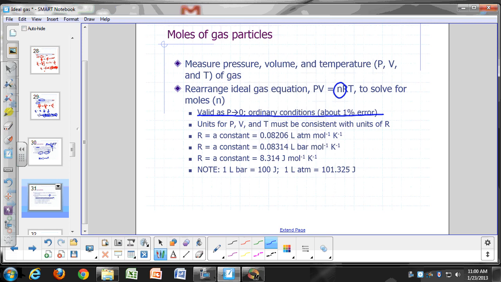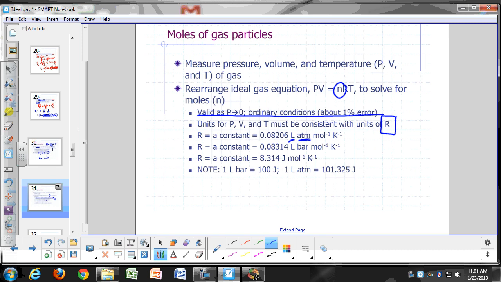The units that we have to use for our constant R depend on what units we use for pressure, volume, and temperature. So if you use liters for volume and atmospheres for pressure, then the value of R is 0.08206 liter atmosphere per mole per Kelvin.